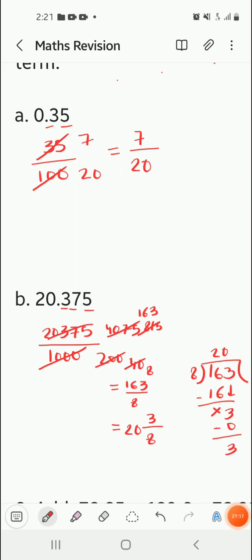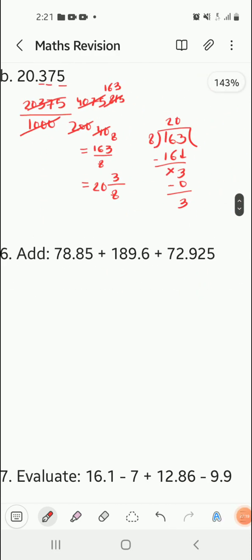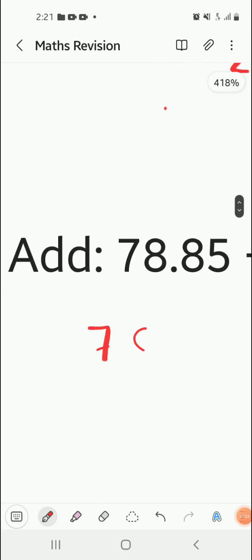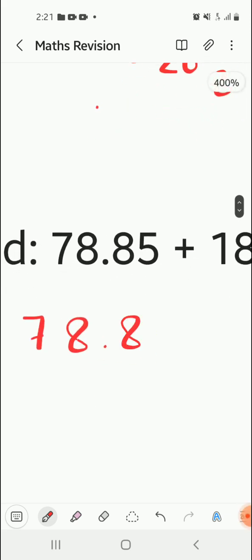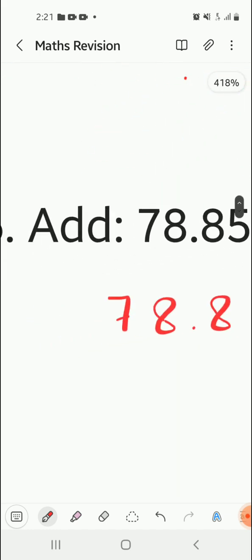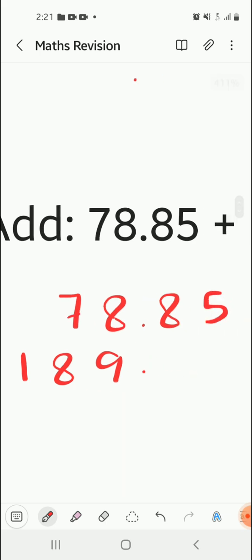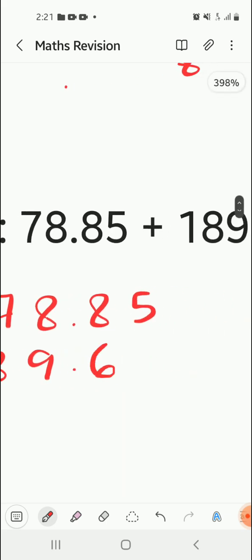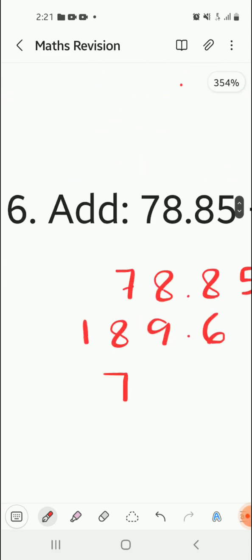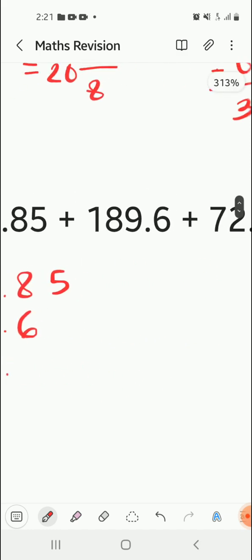Moving on to the next question, we have to add the decimals. Simply write down 78.85, then 189.6. Always remember, the decimal points will be just one after the other. So over here we have got 72.925, so 72, again decimal point just after the given decimal point.